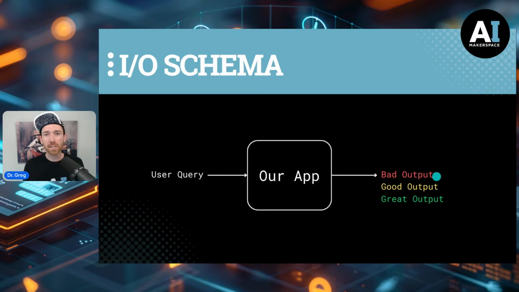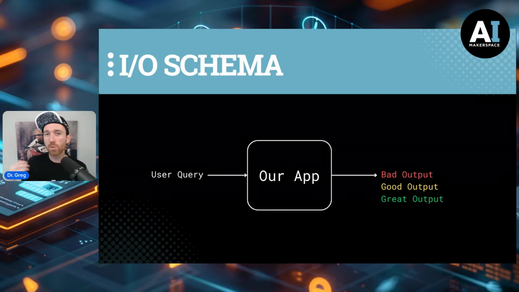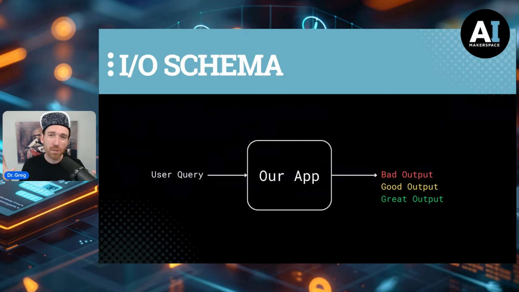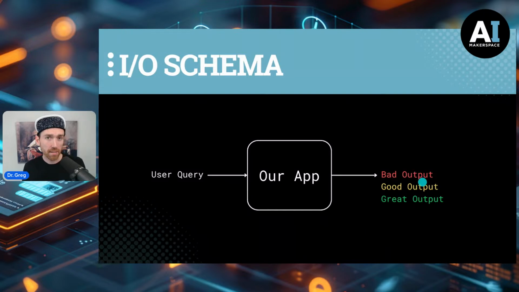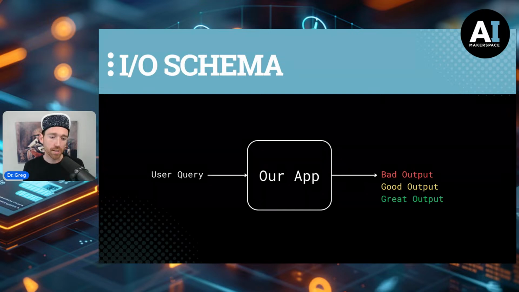We can deliver a number of different kinds of outputs depending on what we retrieve, depending on all of the things we put into our system prompt, our specific examples. Everything that we do to engineer the context is going to contribute to really bad, good, or really, really great outputs. And we always want to stay rooted in that.